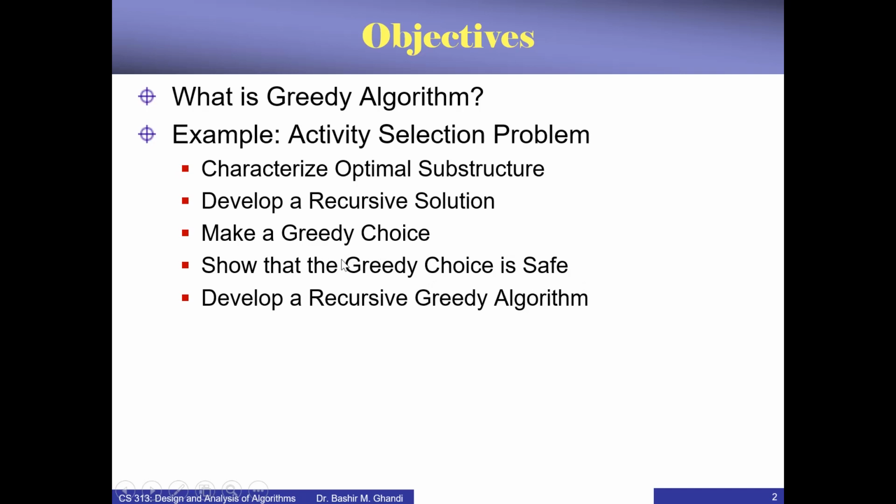So once we are satisfied with the greedy choice we have made, we shall develop a recursive greedy algorithm to solve this particular problem. And in our final step, we shall convert that recursive algorithm to iterative version. As we know, iterative algorithms are usually more efficient than their recursive counterpart. So usually after you obtain a greedy algorithm using recursion, normally you attempt to convert it to iterative version.